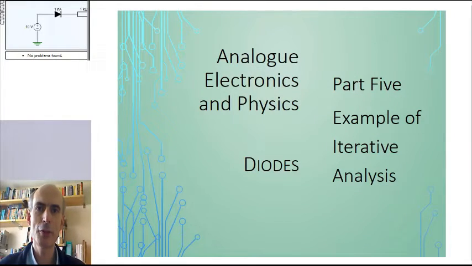Welcome back, and in this video I want to talk a bit more about this technique of iteration for solving these nonlinear equations that we end up with when we try and do circuit analysis for diodes. The basic idea of iteration is that we take a guess about what either the voltage across the diode or the current through the diode is going to be in our circuit, and then we work out, given that assumption, what the current or the voltage across the diode would be, whichever one we haven't guessed.